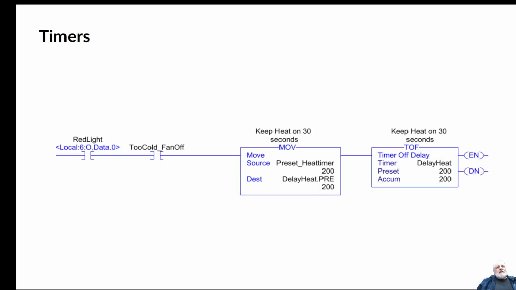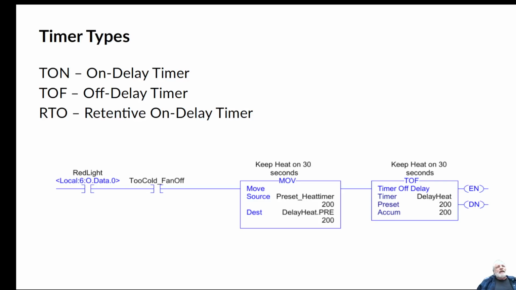All right, so let's talk a little bit about timers. So we have 3 different types of timers. We have a timer on, which means that it's going to count up until it's done, and then we'll have a done bit that'll go on. We have a timer off, and then we have a retentive timer. So in this rung I have down here, I actually have a timer off.